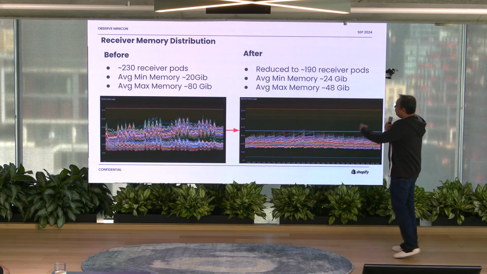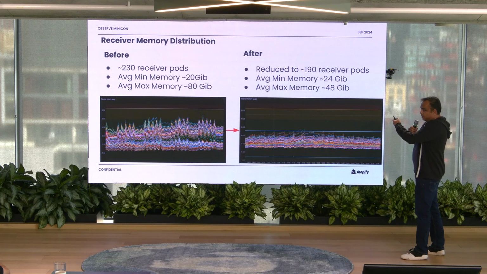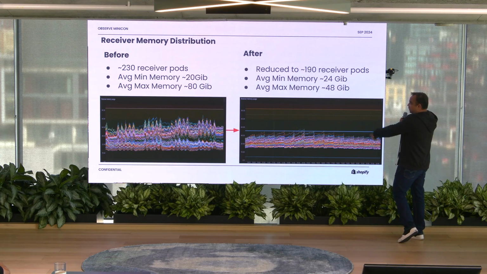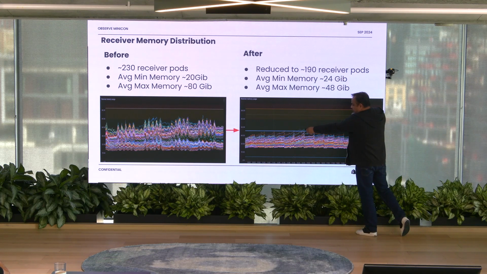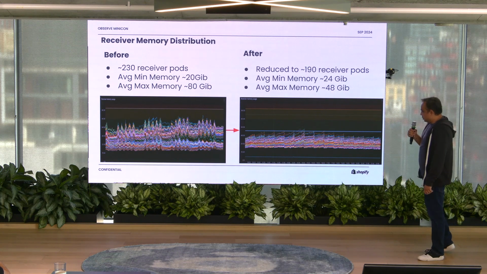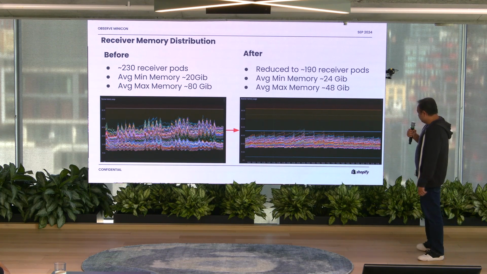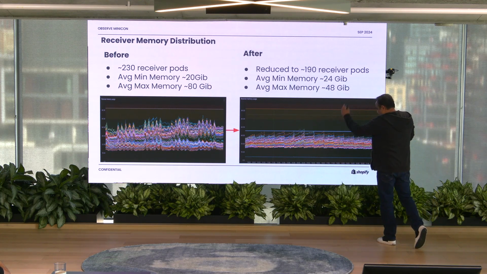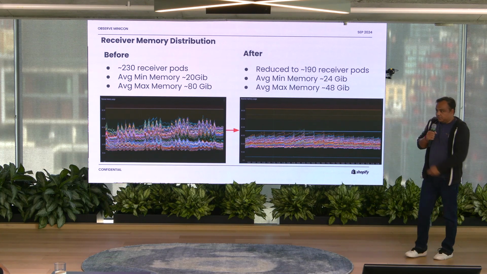After we reduced 40 receivers, min utilization went up to 24 gig, max went to 48 gig. And you can see over here, a few receivers cross the 60% threshold line, and our operator did a whack-a-mole kind of job and moved this stuff out.